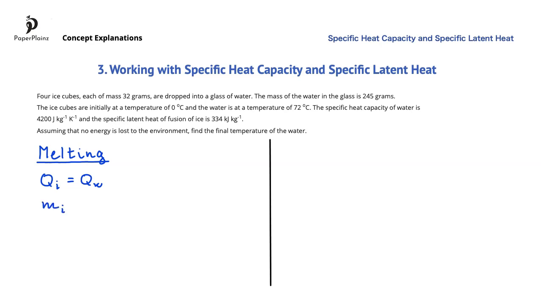So we get Mi, the mass of the ice, times Li, the specific latent heat of fusion of ice. During this process, the water in the glass does not change phase, it just cools down. So here I will use the formula that includes specific heat capacity. This gives us Mw times Cw times delta Tw. The mass of one ice cube is 32 grams, which is 0.032 kilogram.